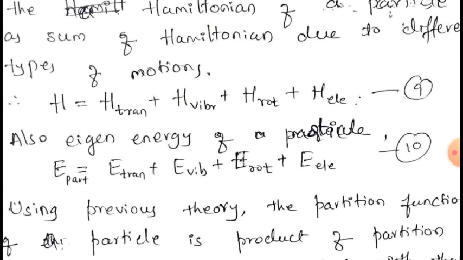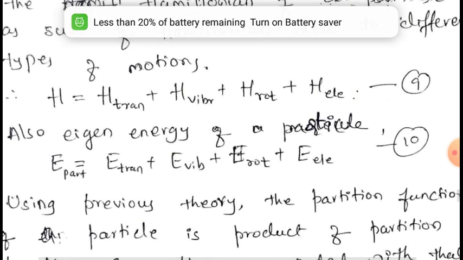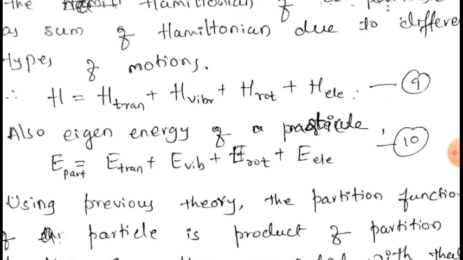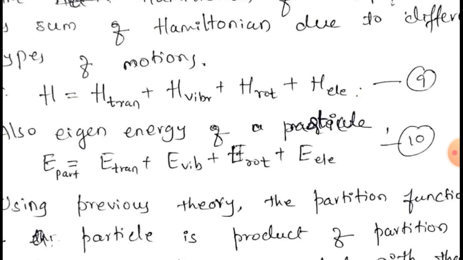It indicates the Hamiltonian due to translatory motion. And H vibration indicates the Hamiltonian of the vibratory motion. Similarly, H rotatory represents the Hamiltonian due to rotational motion. And H electron represents the Hamiltonian due to electronic motion, as given in this equation 9.